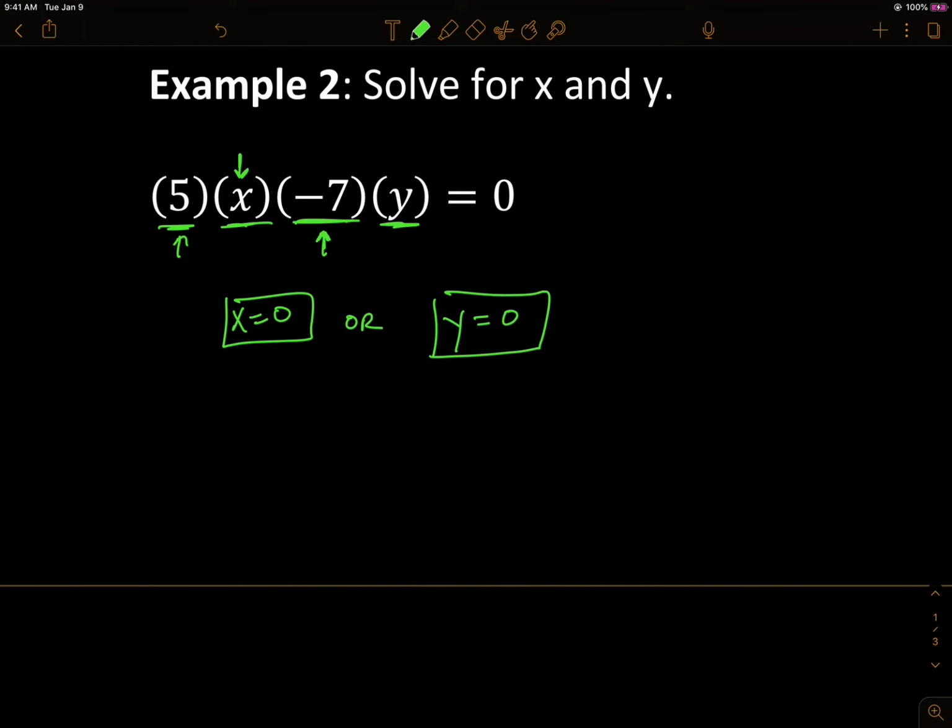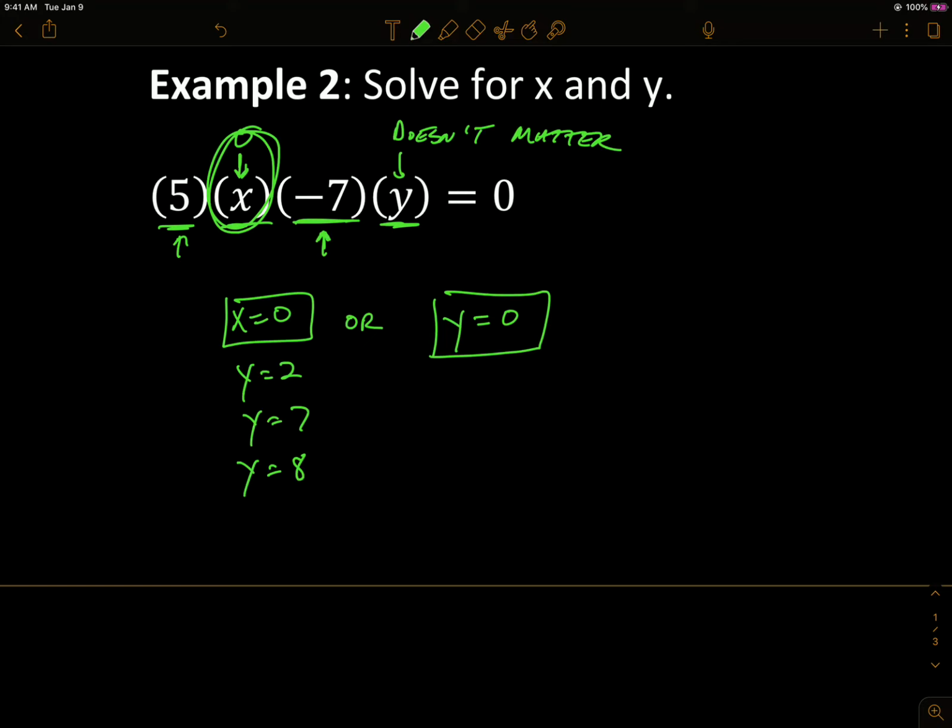Now the key here is if x is 0, if I plug in a 0 for x here, it doesn't matter what y is. They don't depend on each other. That's a very important point as well. If this factor is 0, y could be anything. So when x is 0, y could be 2, y could be 7, y could be 8. It doesn't matter because the x being 0 zeroes out the whole thing.